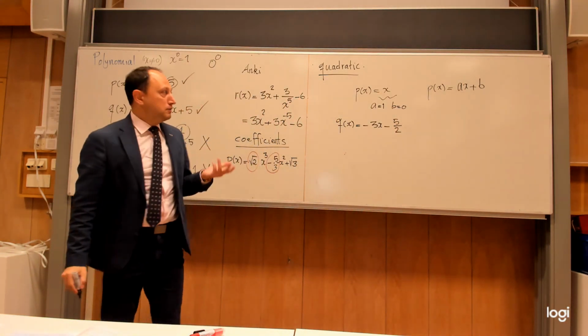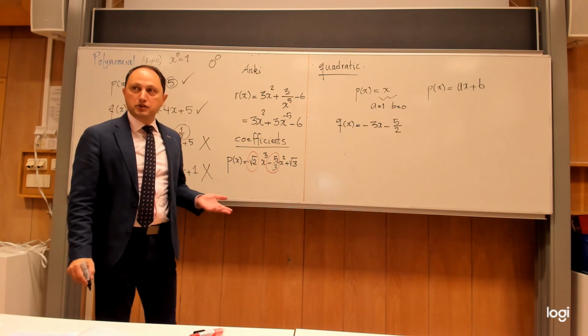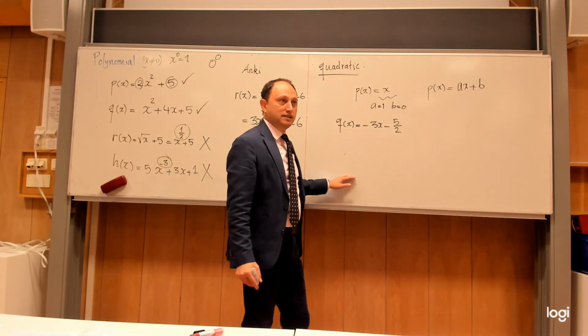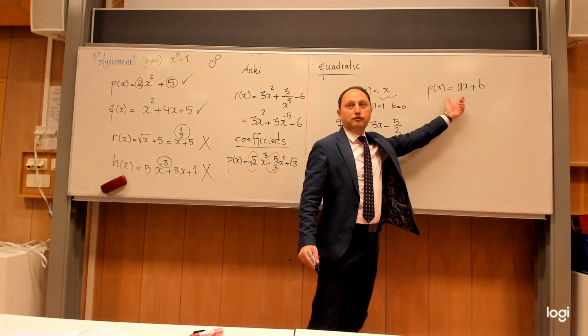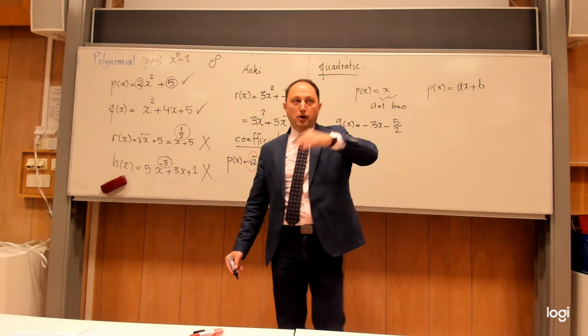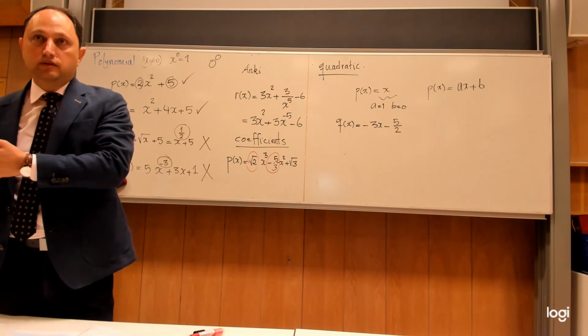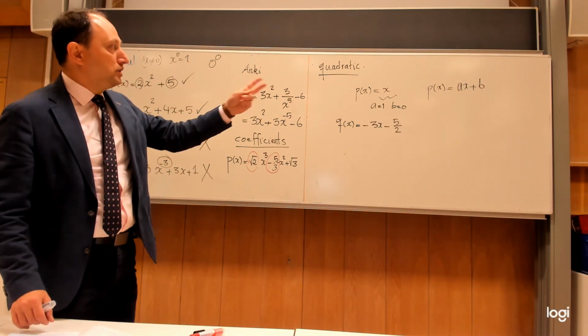Can you tell me what A is and what B is? A is -3, B is -5/2. So it is clear that whatever you write as a first degree polynomial, you can generate it by this general formula by assigning appropriate values to A and B. Is that understandable? So this is the most general form of a polynomial of degree 1.